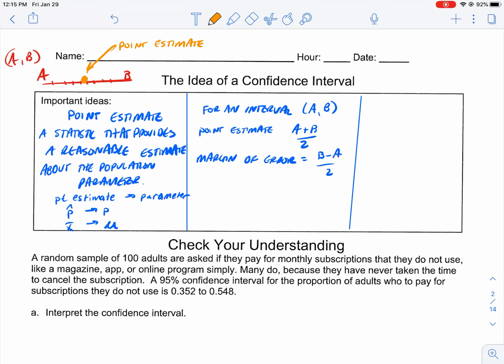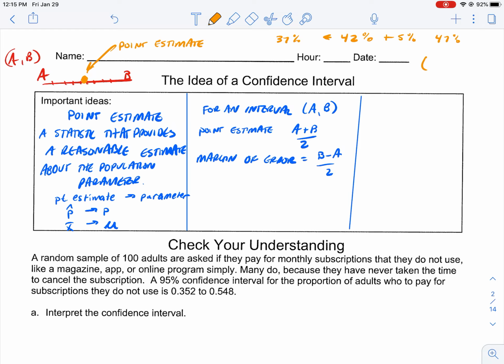Another way to think of this might be something like this. I believe that 42% of high school seniors have Netflix on their phone. And I believe that there's a margin of error of plus or minus 5%. Well, if you think about that, I would be saying that 42% is here, and plus 5% would put me at 47%, and minus 5% would put me at 37%.